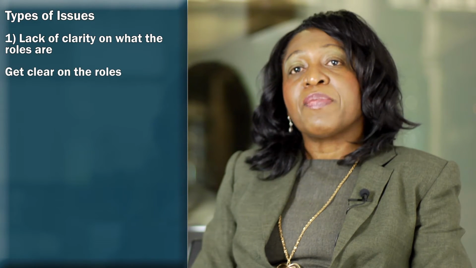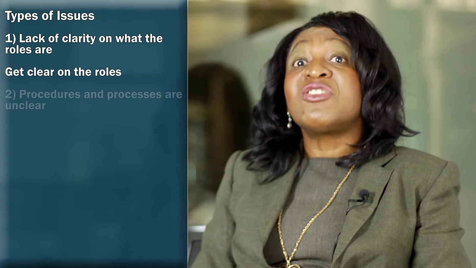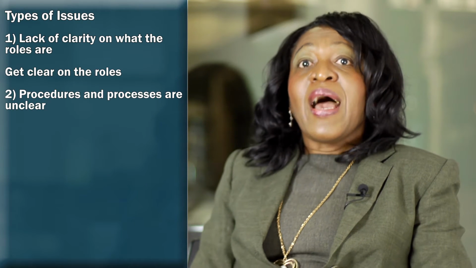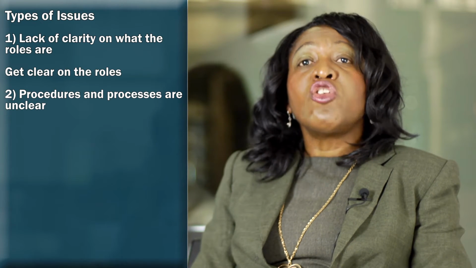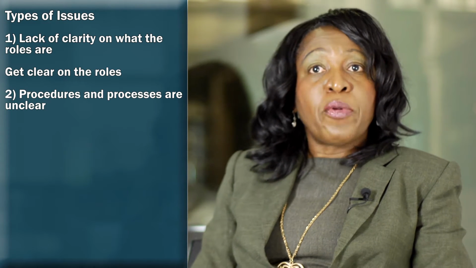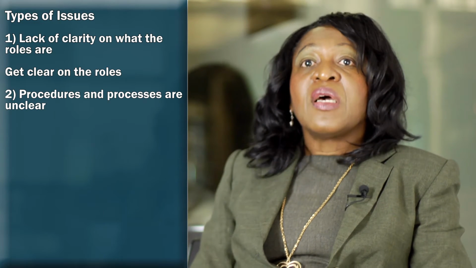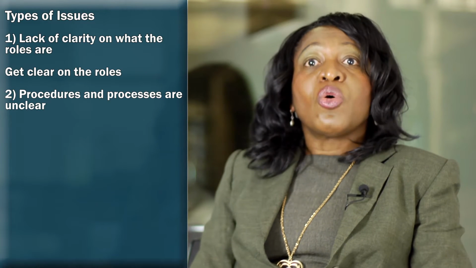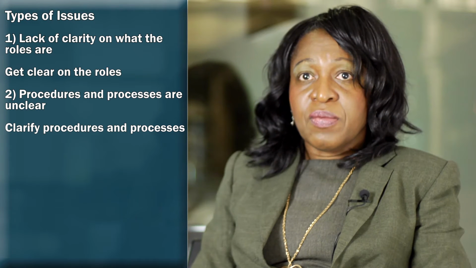That's the first thing. The second thing that can happen is that the procedures or the processes are unclear. And so the chair and the chief executive do not know what procedures, what processes, and what policies need to be followed. That in itself can result in confusion. So actually clarifying what the processes are is the next stage.